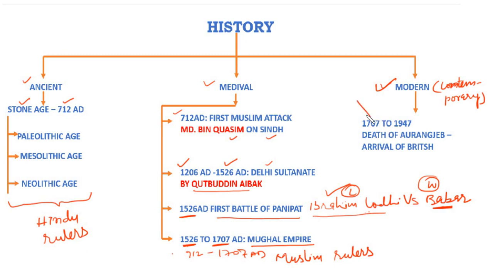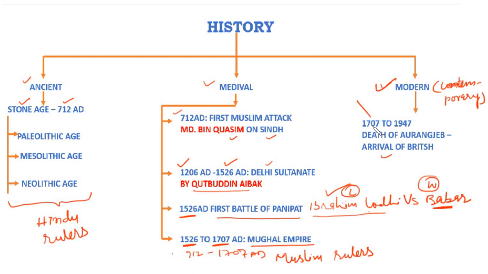Why? In 1707, the mightiest king of the Mughal Empire, Aurangzeb, died. Right? So after the death of Aurangzeb, the British became stronger and they totally established the British Empire in India. So it was the time of arrival of the British. So from 1707, see what I said, in 1707 they lost their ground in India.